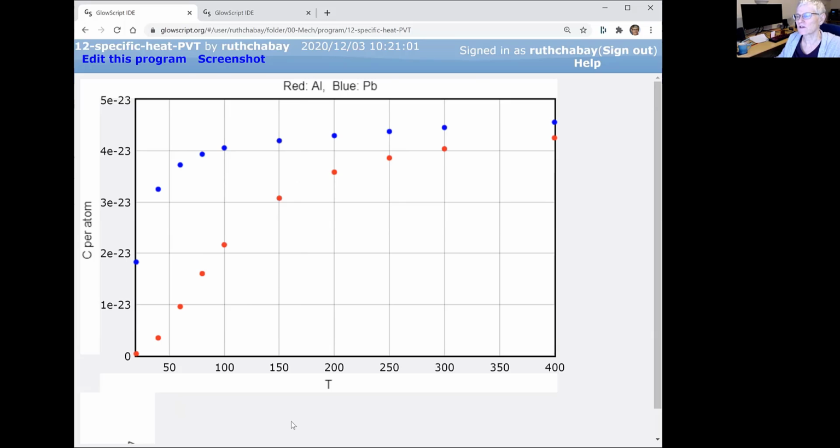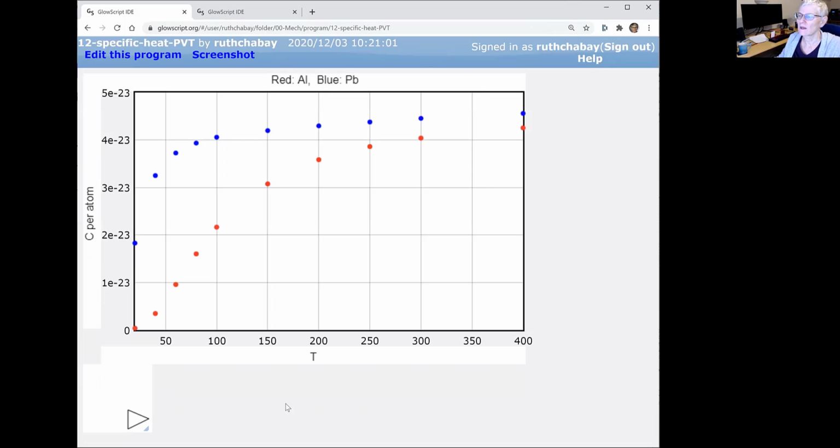Now we would think of this as going down as the energy content goes down, and that's related to temperature because it's related to entropy.